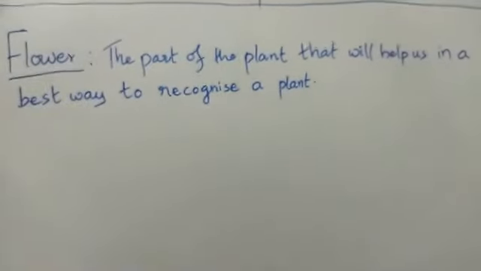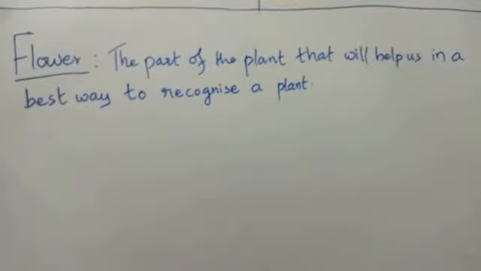Actually, biologically, flower is the reproductive structure in most of the flowering plants. What are flowering plants? The plants that give flowers are known as flowering plants. In such flowering plants, the reproductive structure is flower.